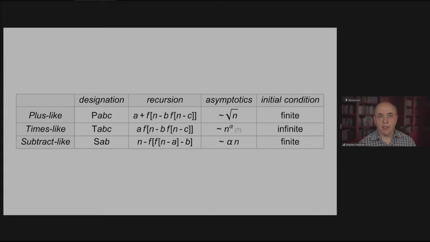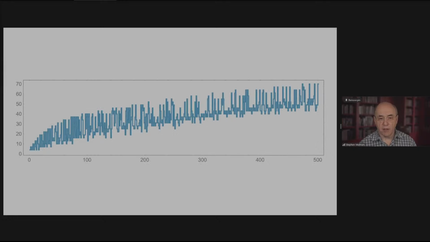So let's start off by looking in more detail at what it does up to, for example, n equals 500. So there it is. So it might seem like it's going to go on being seemingly random forever.